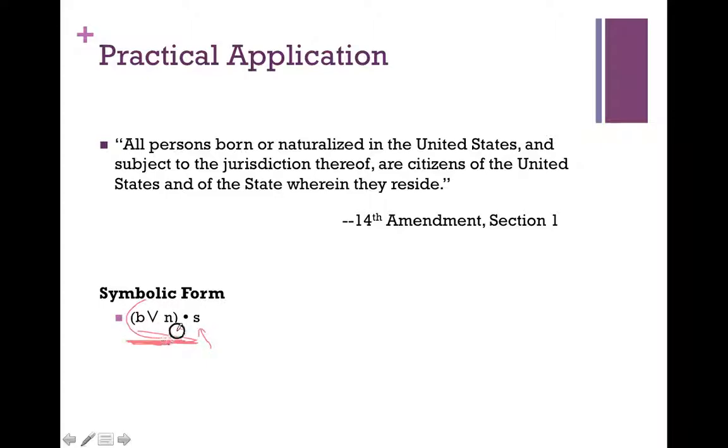And here are the conjuncts. B or N, that's one conjunct. The other conjunct is S. So the only way for this compound proposition to be true is you have to be subject to the jurisdiction of the United States. And that's where the symbols become really helpful, as they clarify that all-important meaning of the 14th Amendment.